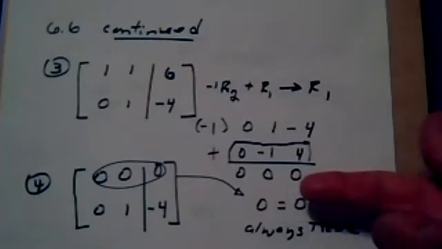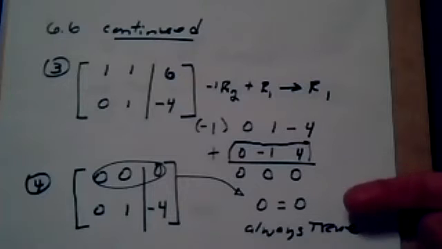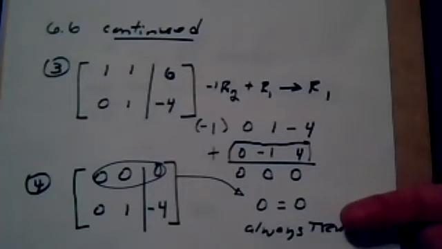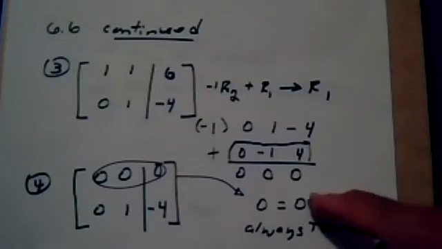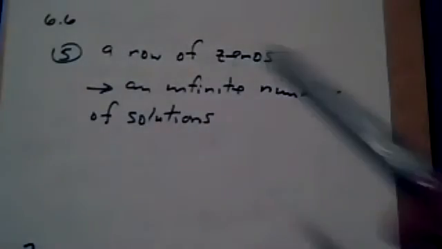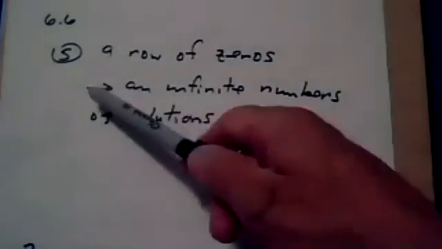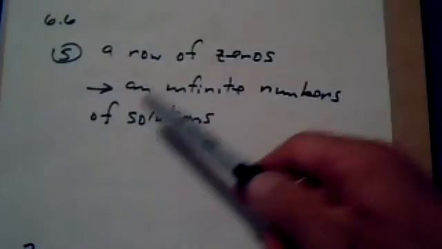If you were to put the variables back on, it would be 0 equals 0. That's always true. When you see this result, it means there's an infinite number of solutions. So if you're talking about two lines, that means it's the same line. Infinite number of solutions when you get an always true statement. So a row of zeros implies an infinite number of solutions.